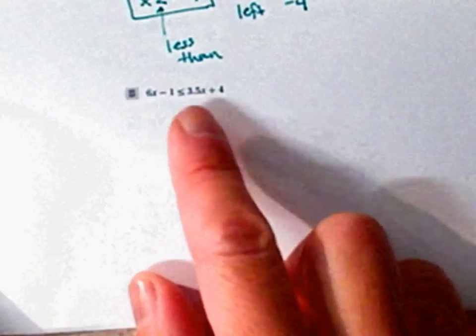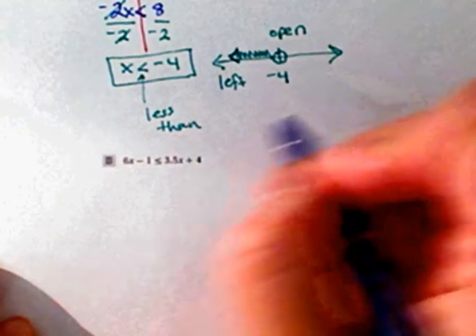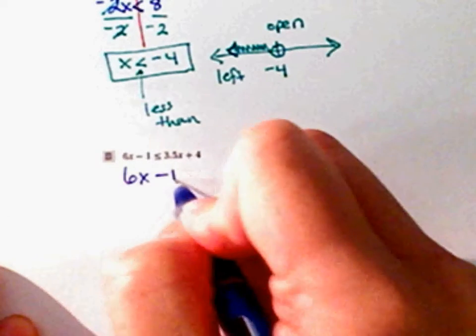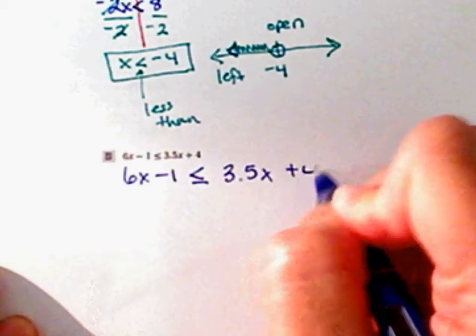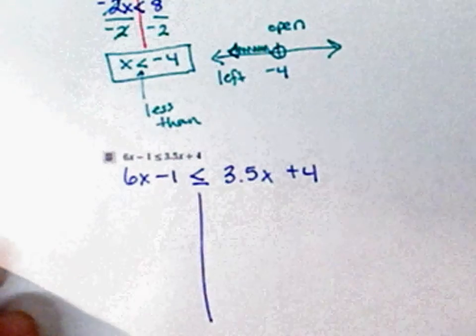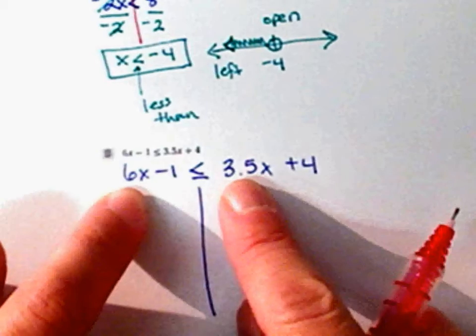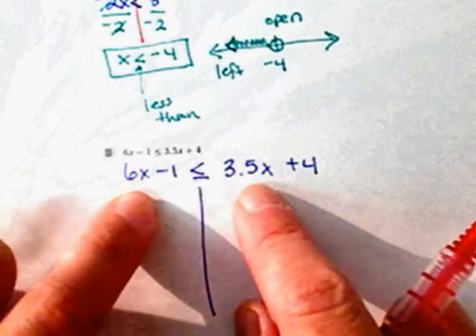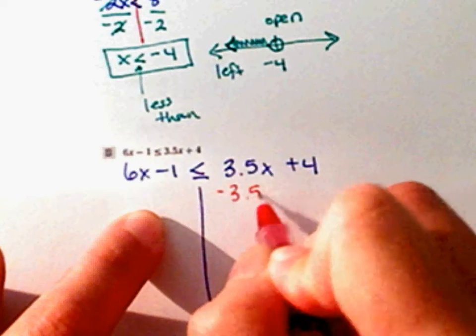Example 2. Let me write it a little bit bigger. You have 6x minus 1 is less than or equal to 3.5x plus 4. See how you have 6x and 3.5x? These are like terms. Opposite of 3.5x is minus 3.5x.